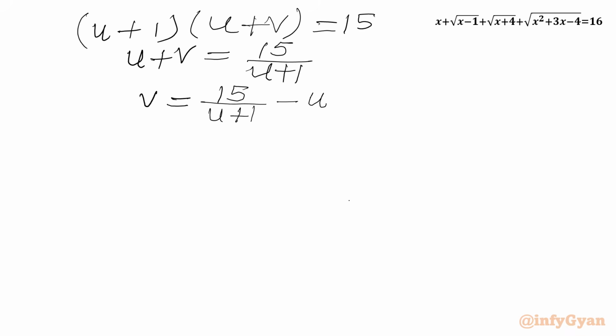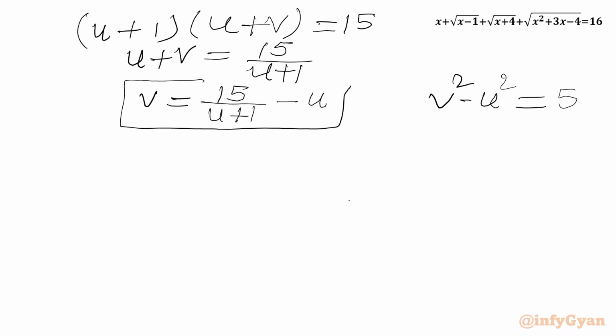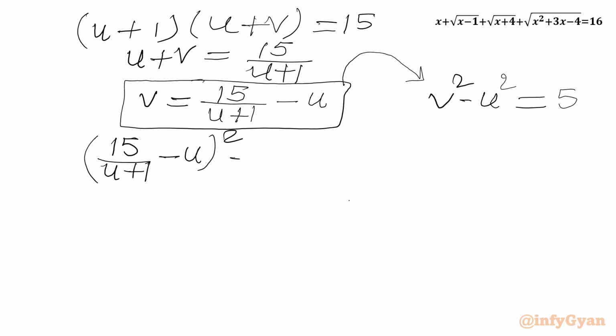And our second equation was v square minus u square equal to 5. Now we have v in terms of u, so let us put this value over here. We will get 15 over u plus 1 minus u, whole square, minus u square equal to 5.